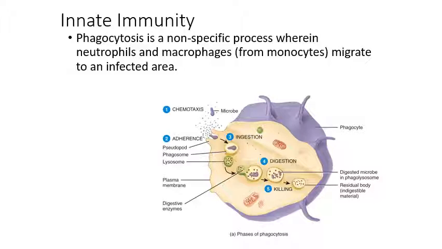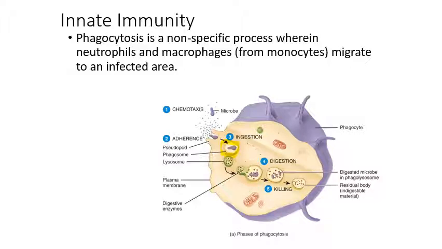So phagocytosis is something that a lot of your neutrophils and macrophages are capable of. This is when they detect a microbe, a pathogen, and eat it, essentially. So they bring it in through endocytosis. Then once it's brought into the cell, it's contained in a structure called a phagosome.